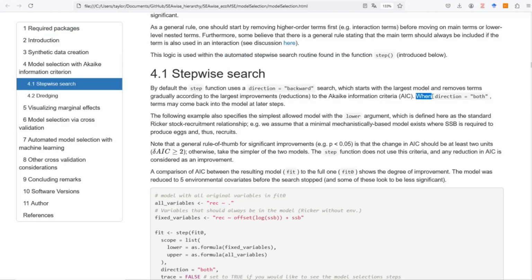But you can also have the direction be something more complex, like both. This allows basically the terms to come back in at a later stage. And I think unless you have a huge model, that's usually a nice setting to have, so you don't accidentally throw out things that might become significant in the smaller model.